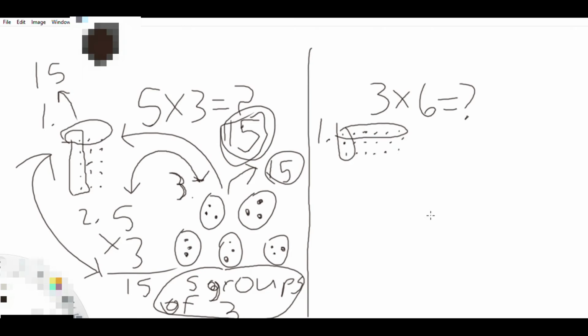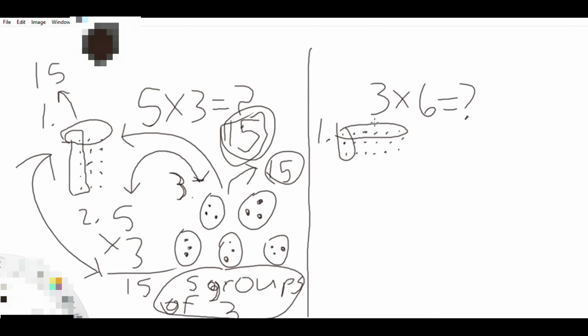Okay, so you could count by 3. No, I mean, 3 times 6 is what? So 1, 2, 3, 4, 5, 6, 7, 8, 9. And this is 9. You could prove that 3 times 3 is 9.